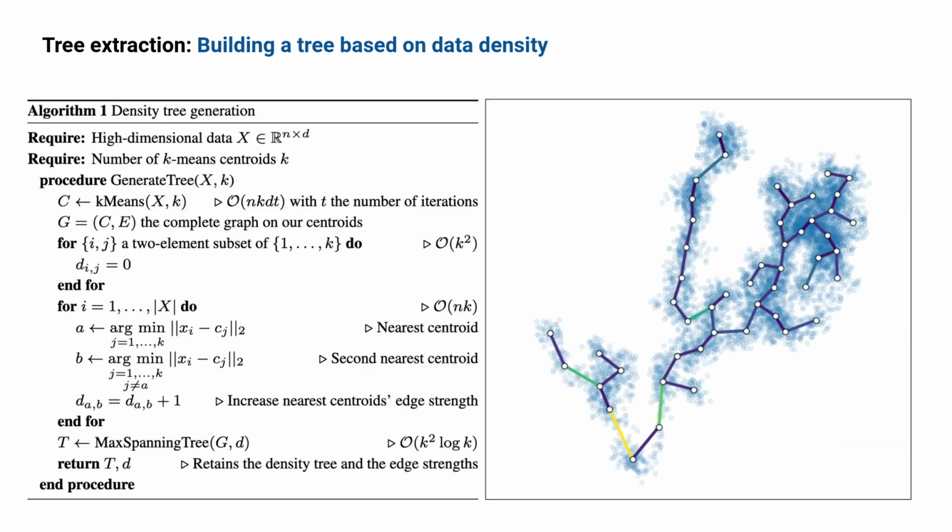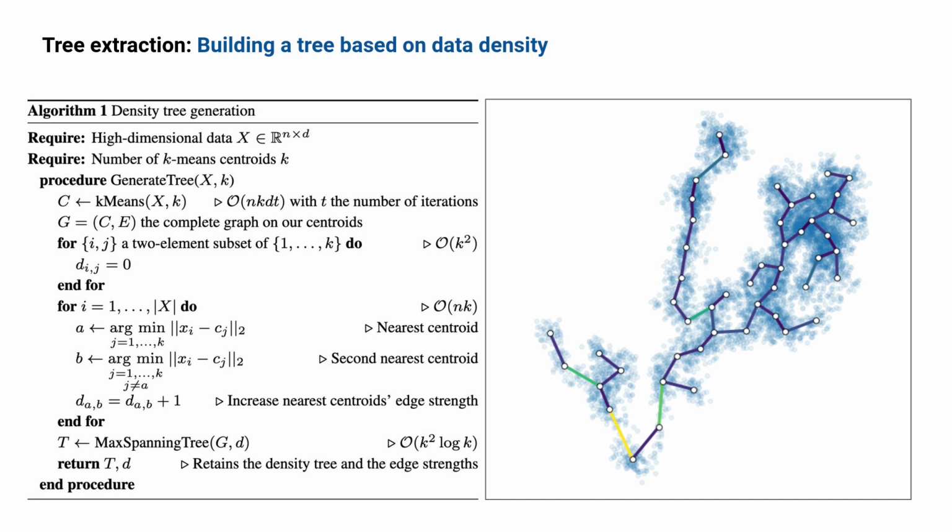How do we build this tree? So first we use the k-means algorithm to compute the centroids, which gives us the vertices of the graph. Then the weights of edges in this graph are defined by the density of points along it. How do we define this density? If we take a given point, let's say here, we will look at the two closest centroids, so this one and this one, and we will add 1 to the weight of this edge.